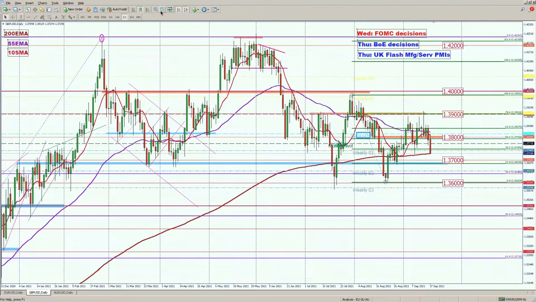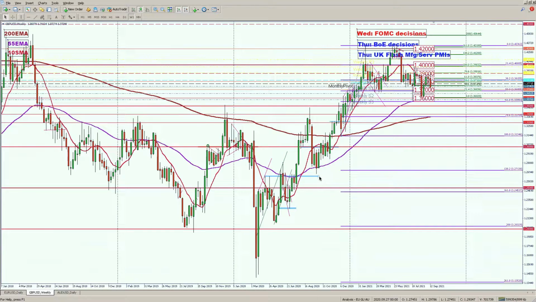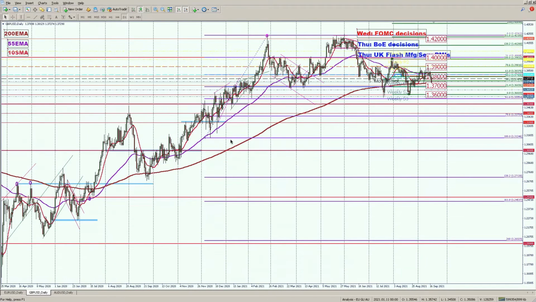It could be a bit too far here, so let's move this out here, to this swing low, right from the daily 200 EMA or weekly 200 EMA. That's from the low of November as well.